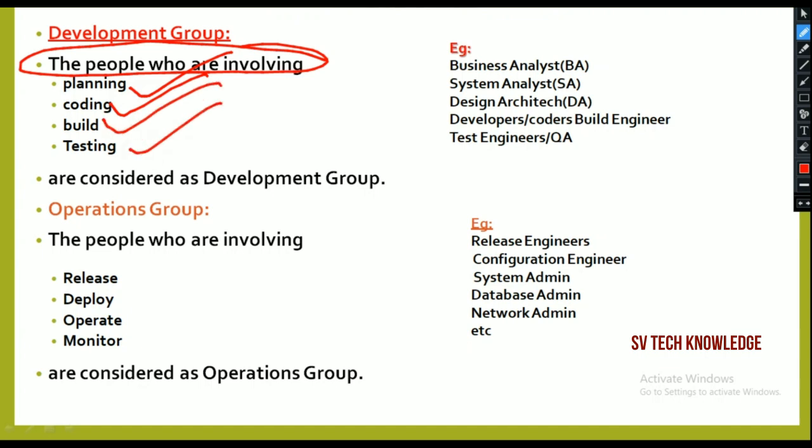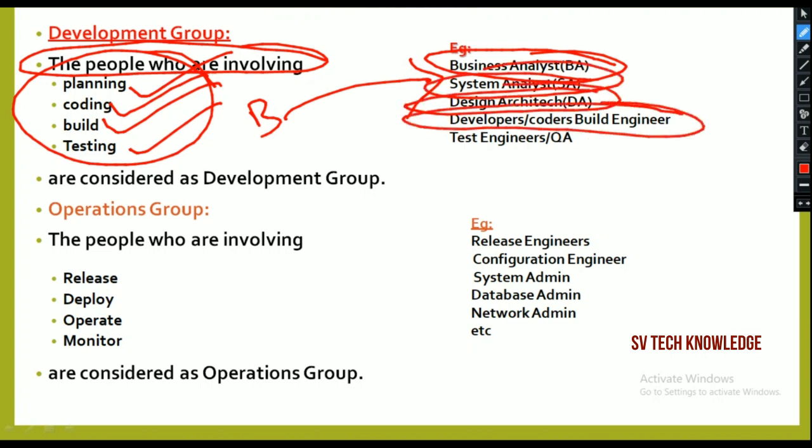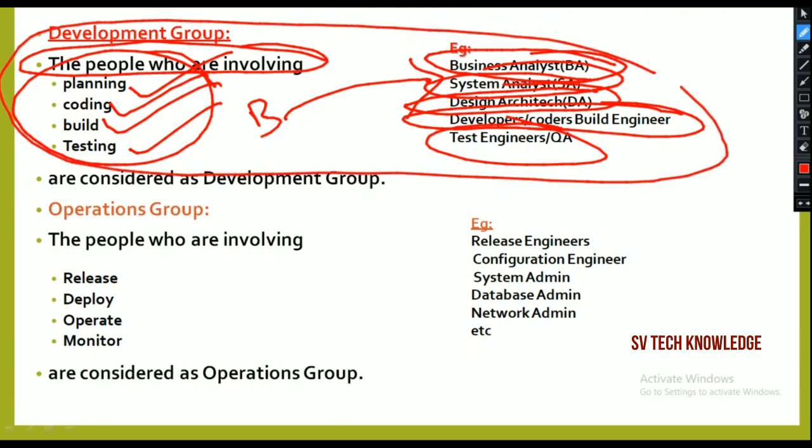Those employees involved in these works are known as the development group. For example, business analyst, system analyst, design architect, developers or coders, whom we call build engineers also, and test engineers, QA, quality assurance leader or member. These all are considered the development group.